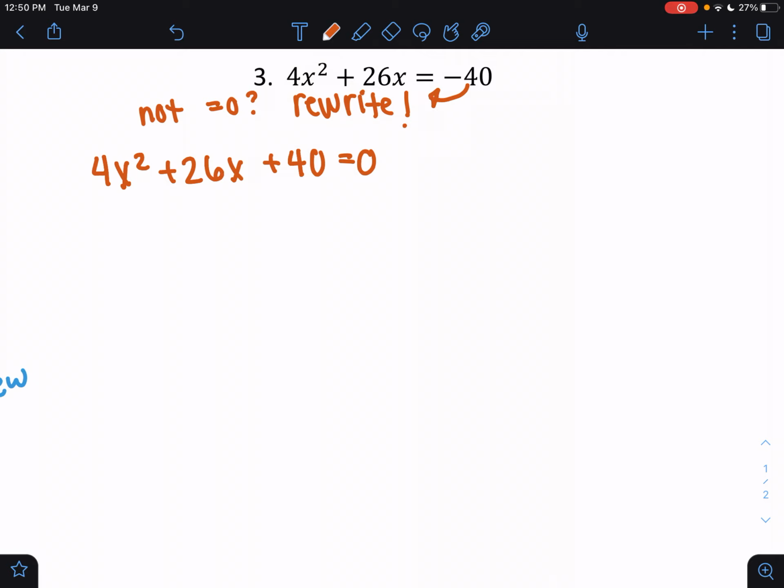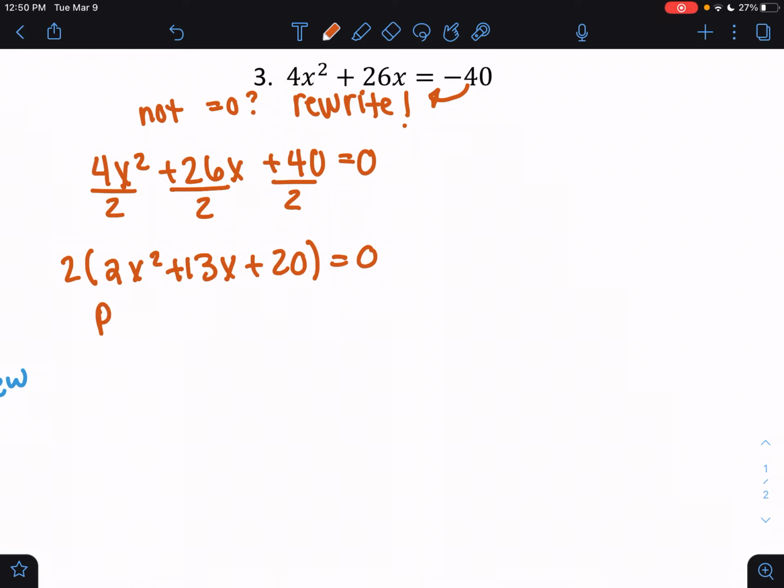Now this is set equal to 0. So remember, our first thing, is there a greatest common factor? There is, it's 2. So we're going to take out 2 from each of these terms. And don't worry about the 0 yet, because we're just factoring. So our greatest common factor is 2, so when we take that out, this is what we're left with.